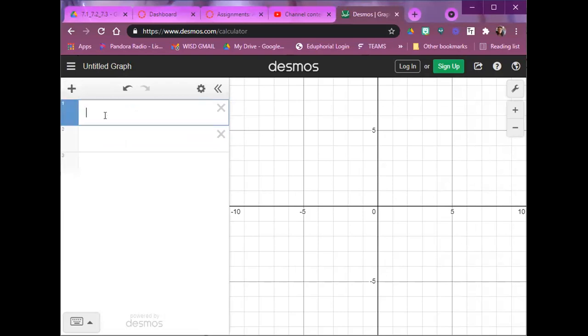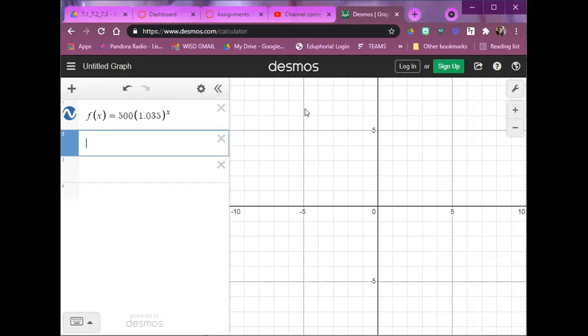So I have y equals, well, we'll put f of x, I guess. f of x equals 500 times 1 and 3500ths. Instead of t, I'm going to put in x. I'm going to hit enter. Now notice I can't see anything, so I'm going to need to do some zooming out.